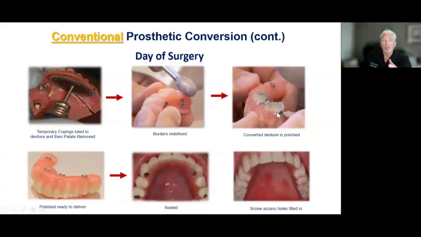And of course, you all have pumice wheels because you want to make a nice shine on this in your office, pumice and high shine. And then plug up those screw access holes and there you go.